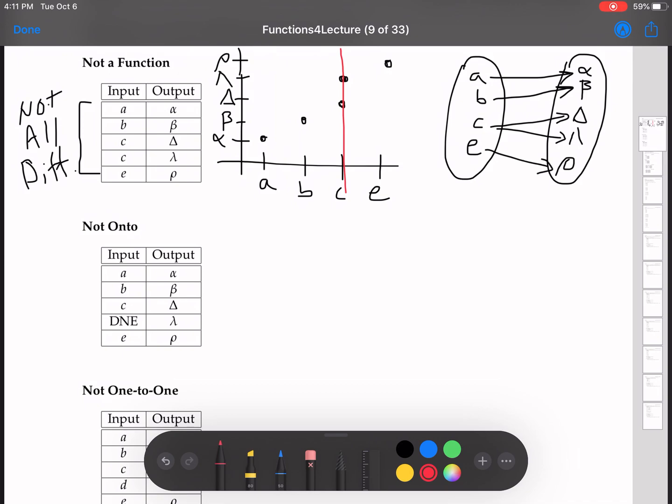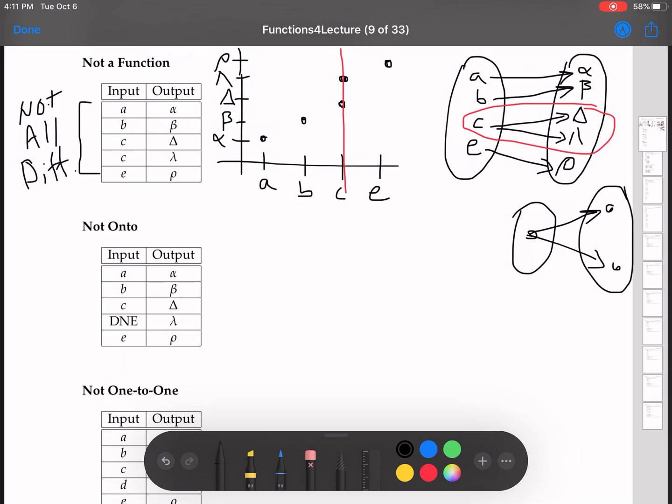This relationship right here is what you might call the generalized vertical line test. This does not pass the vertical line test. So this is not a function.